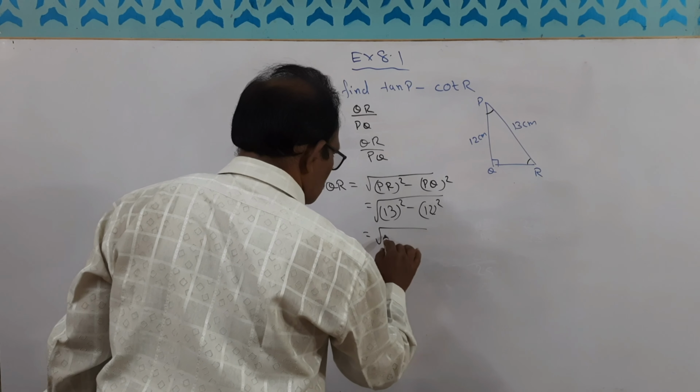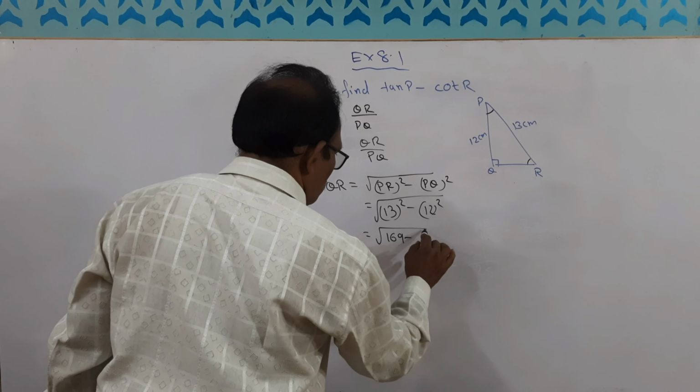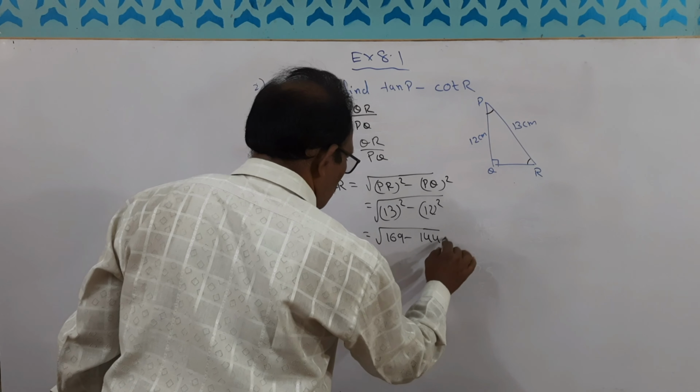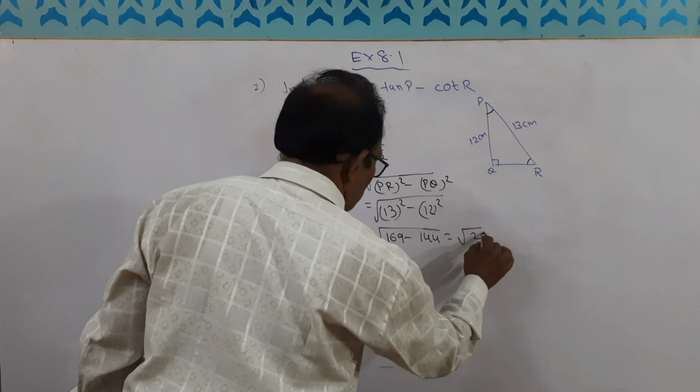So 169 minus 144, I think it will be 25, and it will come out as 5. Write neatly 5. So we got this as 5. Now come to the question. Tan P minus cot R.